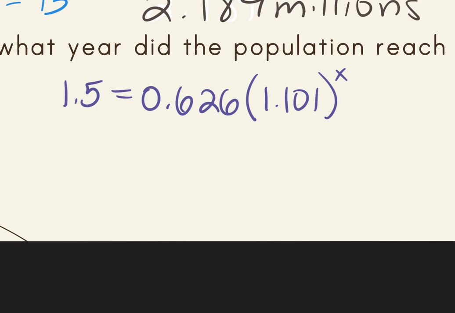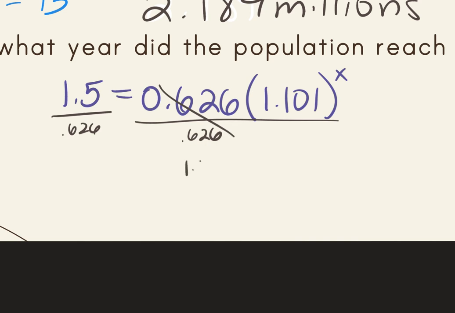If I'm trying to get to that x, I have to isolate the exponential part, so I'm going to divide both sides by 0.626. And I get 1.101 to the x equals, and I'm going to keep this as this because eventually I'm going to type it in the calculator. And then how do I get to that exponent? You can ln.